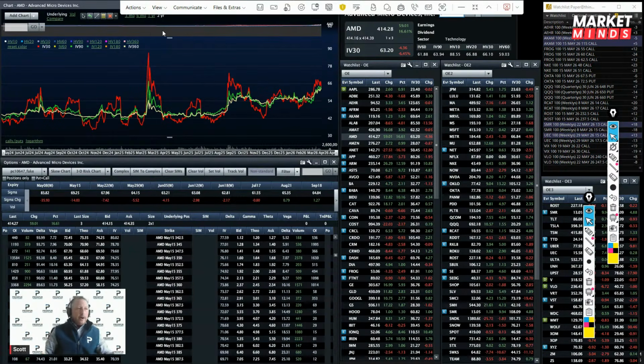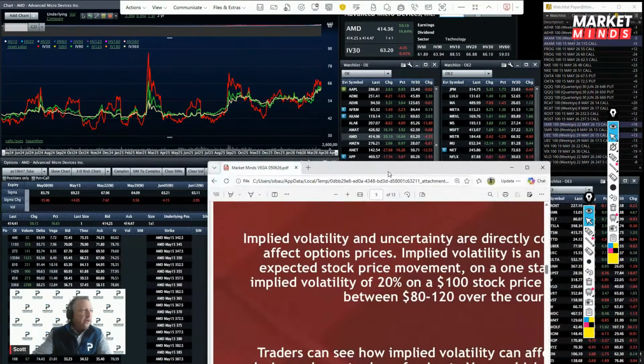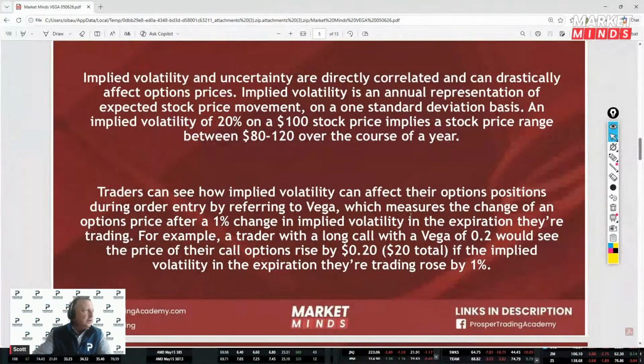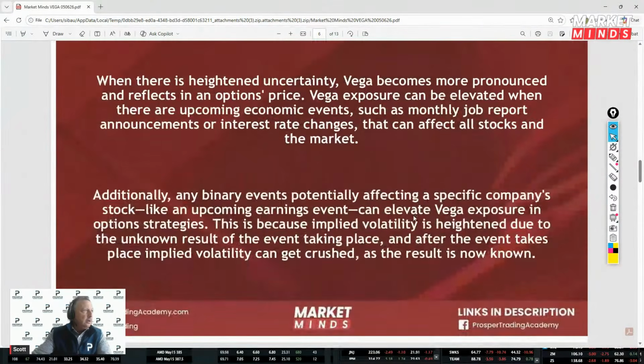Does everybody understand that before I move on to the however? Because this is really important for what we're going to talk about with Vega and Vega exposure.